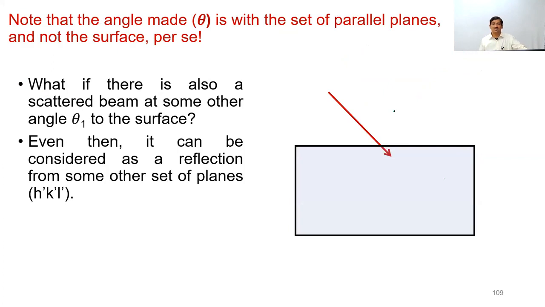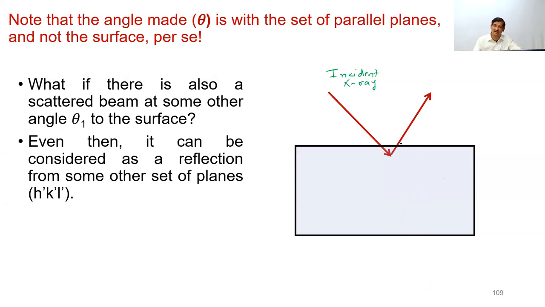Now, one key point: please note that the angle theta is with a set of parallel planes, and unlike optical reflection, it is not with the surface as such. For example, if we have an incident beam over here, this is the incoming X-ray, and now it makes some other angle, different from the earlier theta that we saw in the previous figure.